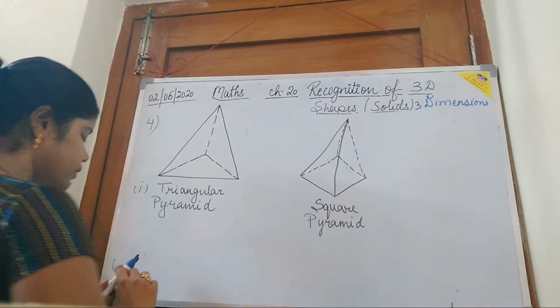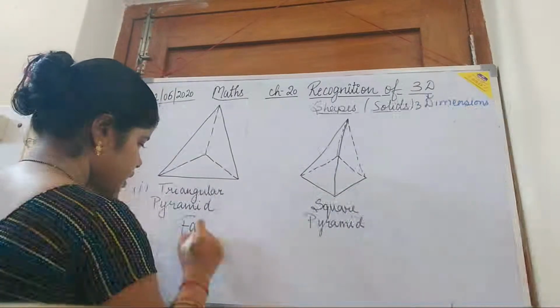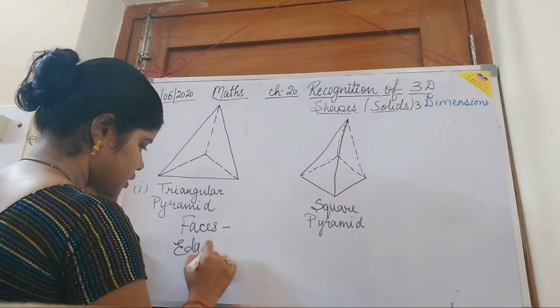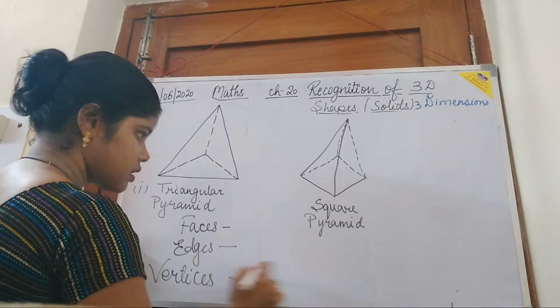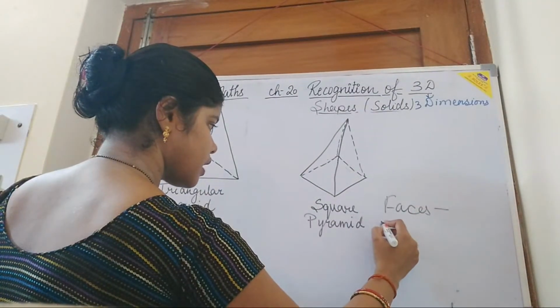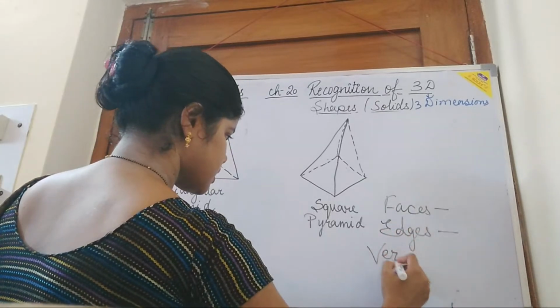In this triangular pyramid, we are having faces, edges, vertices. Same here, faces, edges and vertices.